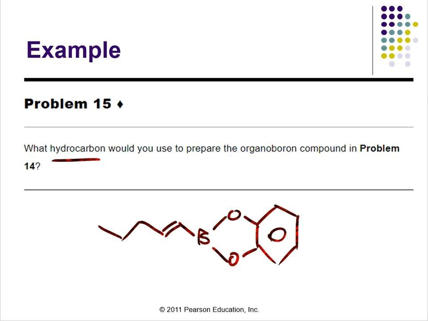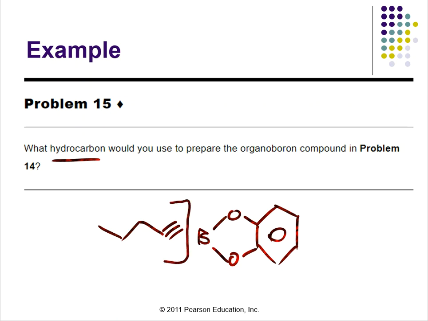Okay, let me show you how easy this kind of question is. You look at this boron group, and you look at what's attached to the boron. There it is. And you get rid of that bond. And then there had to be something there, right? And that's an extra bond that was there first.